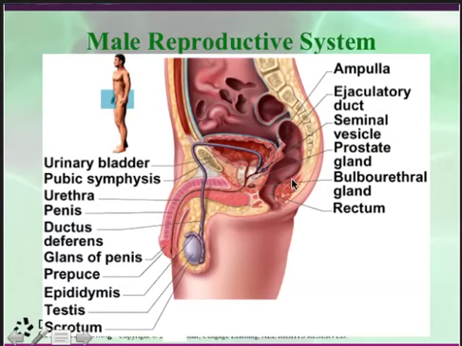The rectum and the anus, shown here, are extremely close to the prostate gland. As a result, when a man is examined for the possibility of prostate cancer or prostatitis, the way this is done traditionally is through a digital rectal exam, palpating the prostate through the wall of the rectum in order to test for any enlargement.